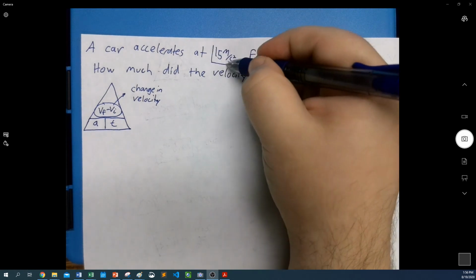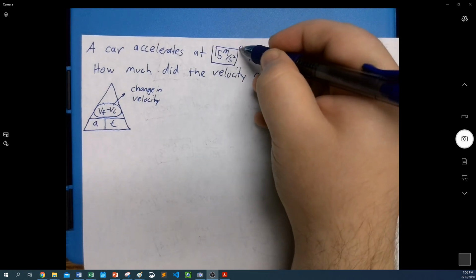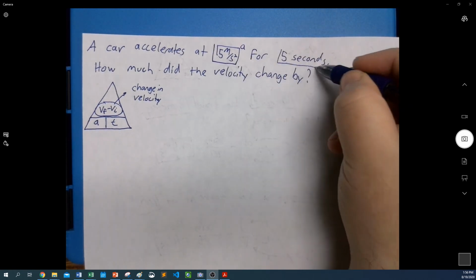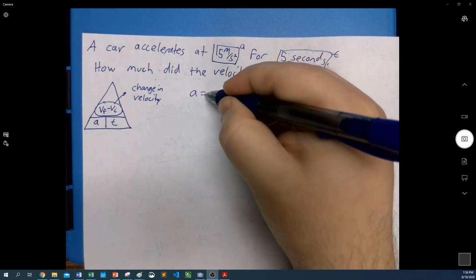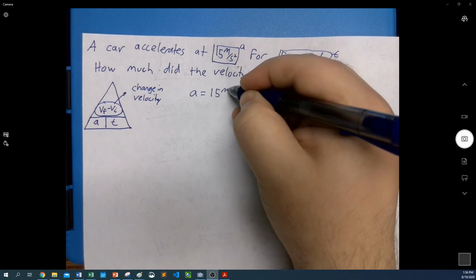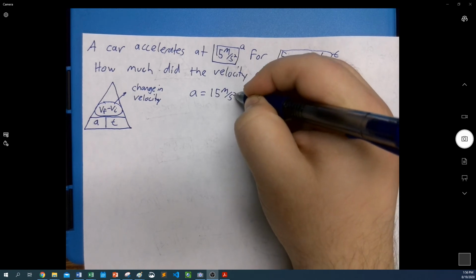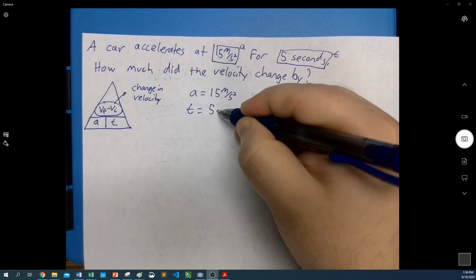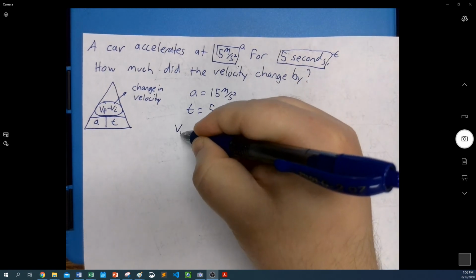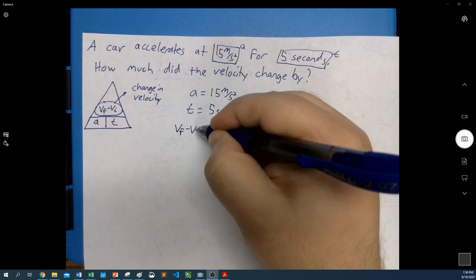So this is your acceleration. This is your time. So acceleration is equal to 15 meters per second squared for a time of 5 seconds. And we're looking for the change in velocity.